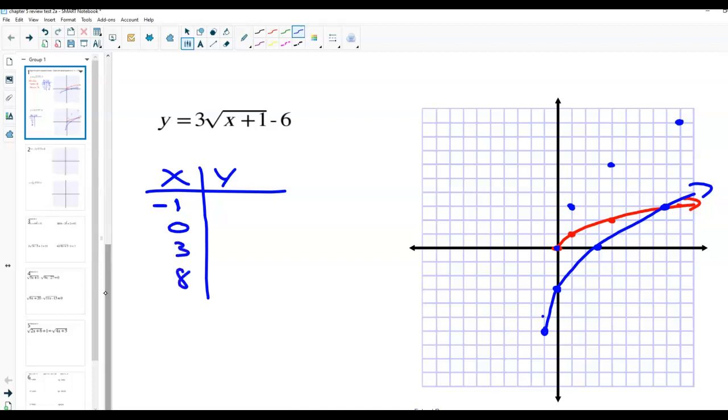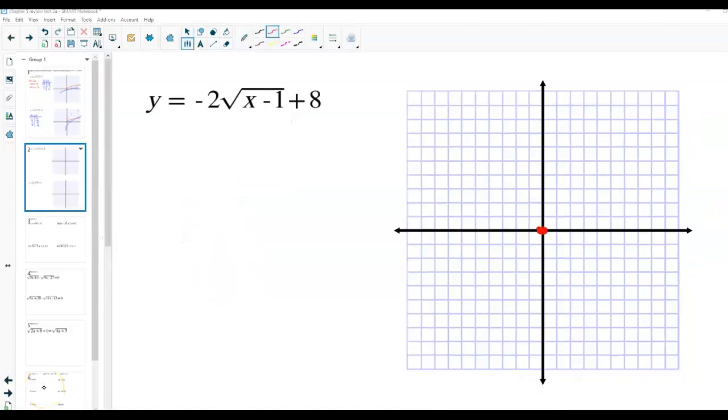And you want to pick numbers that give you a perfect square. -1 plus 1 is 0, times 3 is 0, minus 6 is -6. 0 plus 1 is 1, square root of 1 is 1. 3 times 1 is 3, and 3 minus 6 is -3. 3 plus 1 is 4, square root of 4 is 2, 2 times 3 is 6, 6 minus 6 is 0. 8 plus 1 is 9, square root of 9 is 3, 3 times 3 is 9, minus 6 is 3.